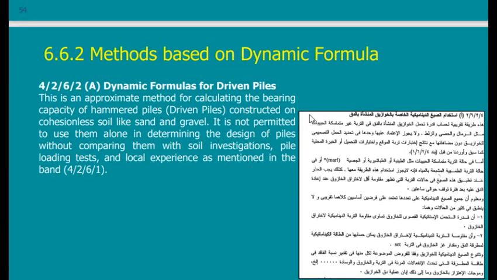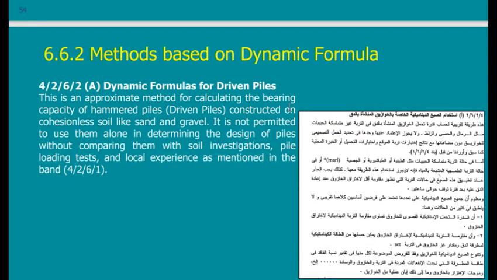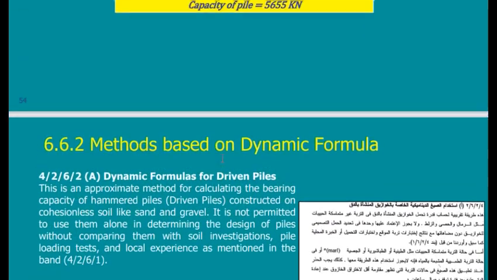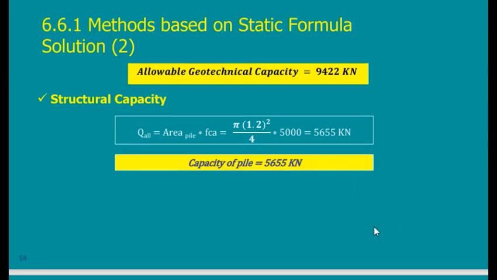There is another type, which is the dynamic formula, but I will stop here for this part of the lecture, because in the previous lecture we took the design of a pile that is less than 60.